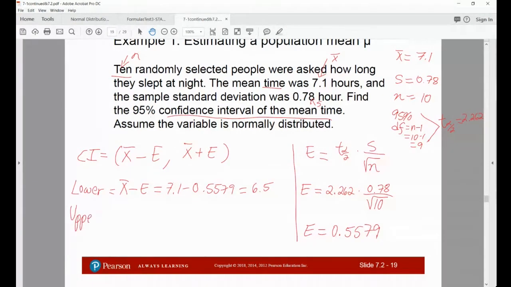And then the upper limit will be the sample mean plus the margin of error. So 7.1 plus 0.5579. So what's 7.1 plus 0.5579 and rounded to 1 decimal?